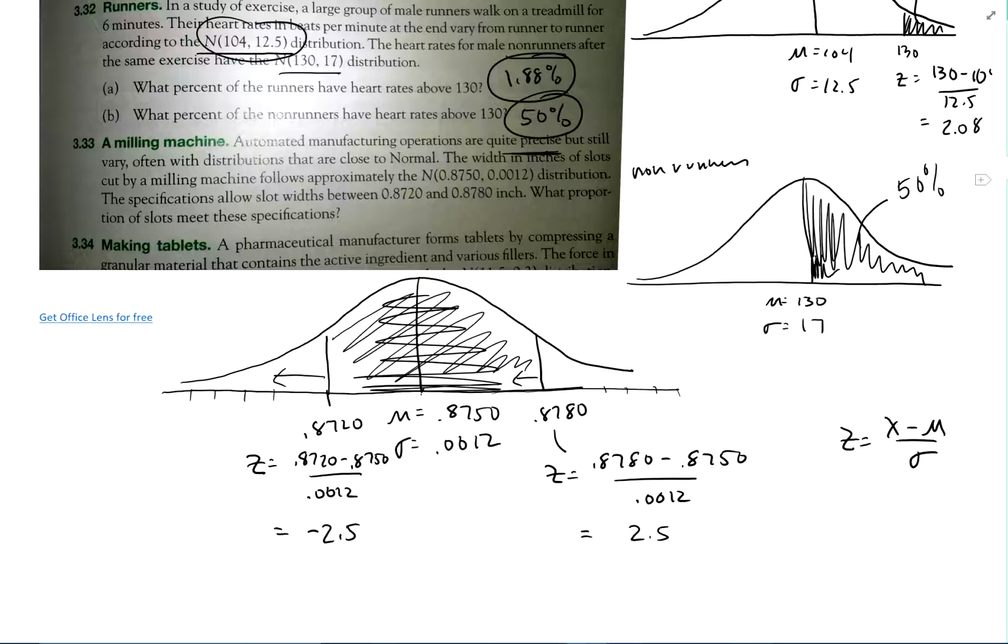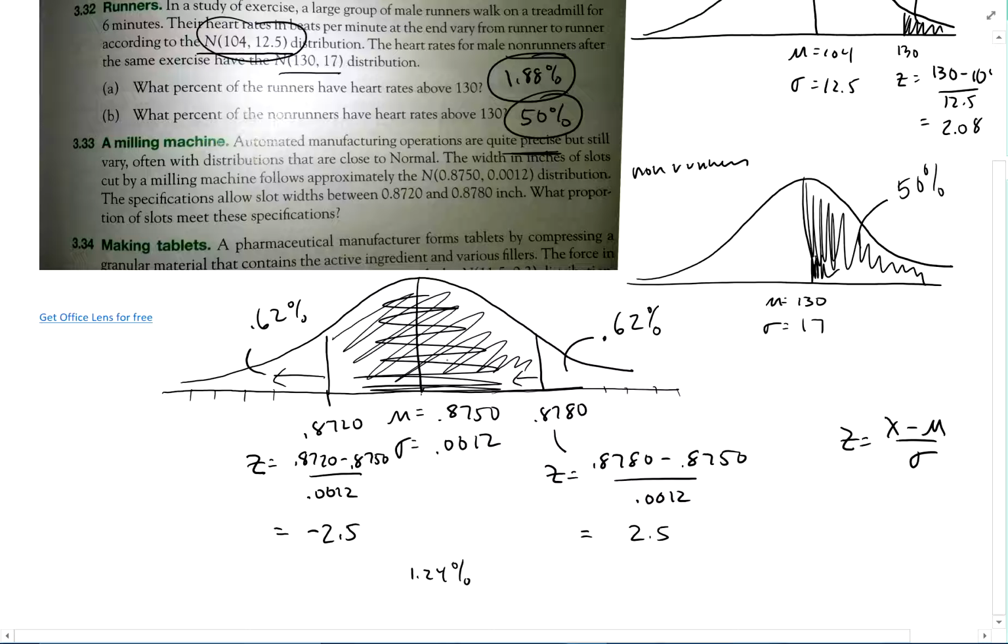So this is 0.62%. So now check this out. Because this has the same z-score, this area over here has to be 0.62% because it's completely symmetric. So that means 0.62 times 2 is 1.24%. That's the outside.